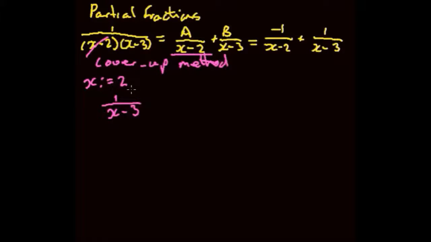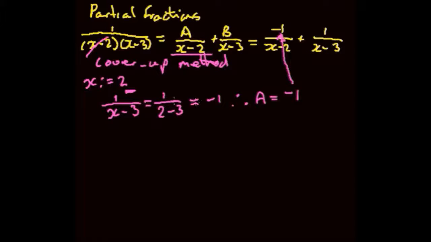I've said that x is going to equal 2, so I've got 1 over 2 minus 3, which is going to equal minus 1. Therefore, a in this instance equals minus 1. And look, that is what we discovered using the long method.